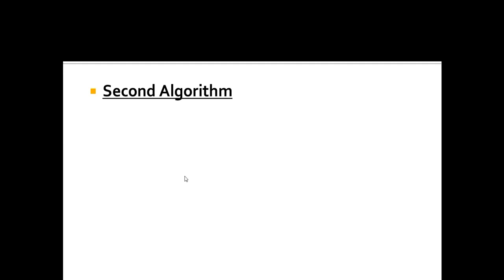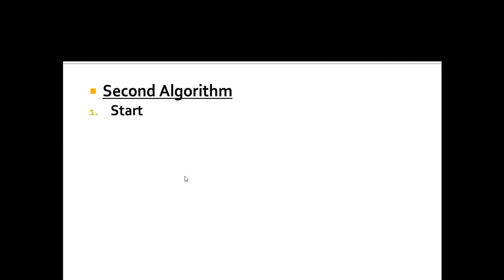Actually, we said the algorithm is steps. So we're going to write 1, 2, 3, 4, 5, and so on. And it has a standard way of writing, meaning number 1 in any algorithm will be start.